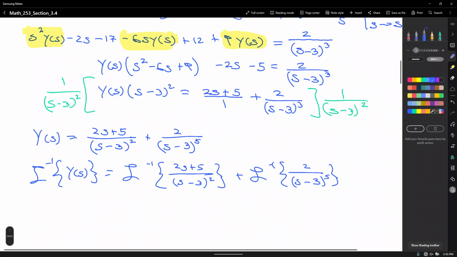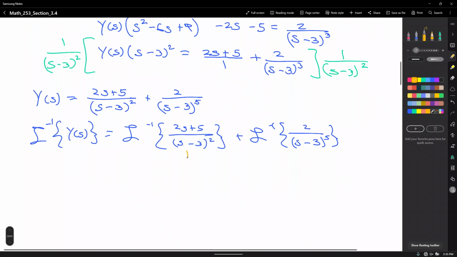If you recognize the first term, didn't we already find the inverse transform of that one? That was example number 2, in fact. Note from 2a specifically, what do we get here?